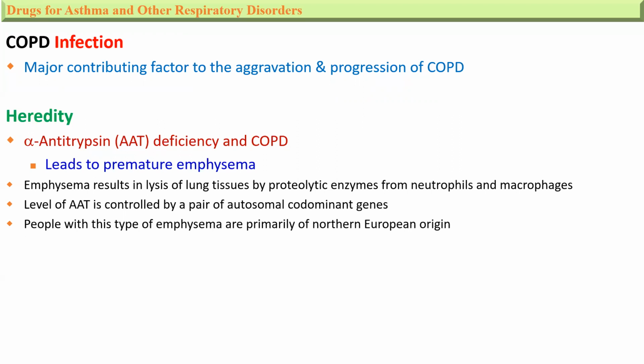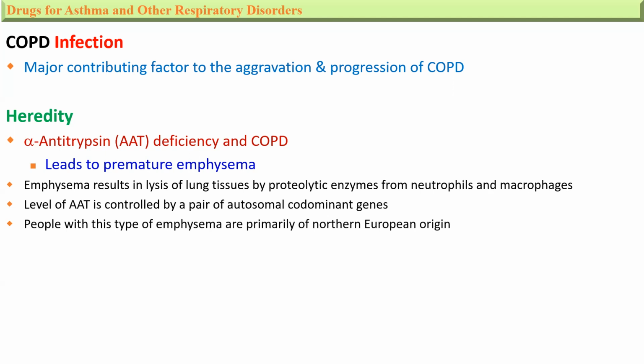Hereditary: alpha-1 antitrypsin deficiency has some type of correlation with COPD. What they found is that AAT deficiency is the only known genetic abnormality that leads to COPD. AAT deficiency accounts for less than 1% of COPD in the US.